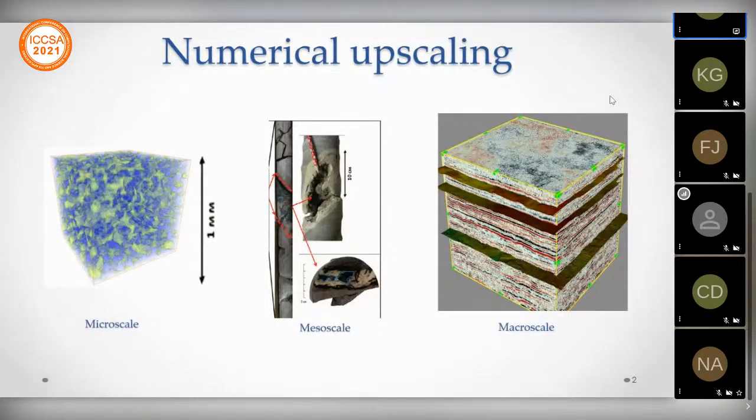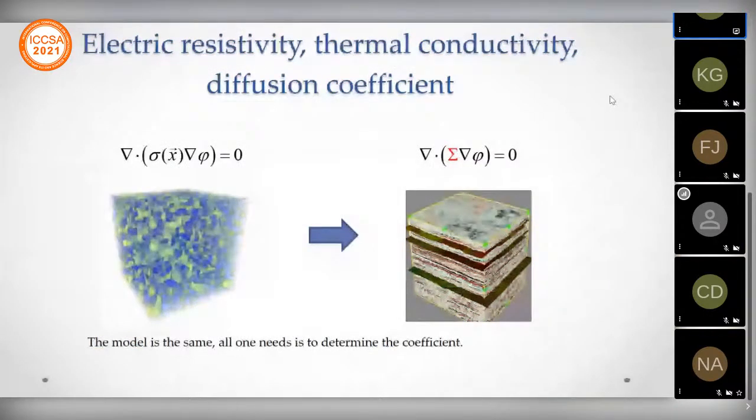Going from one scale to another, we face problems which are related to the Poisson equation. First of all, the simplest example is the upscaling of electric resistivity, thermal conductivity, or diffusion coefficient. All of these are upscaled based on solving the Poisson equation.